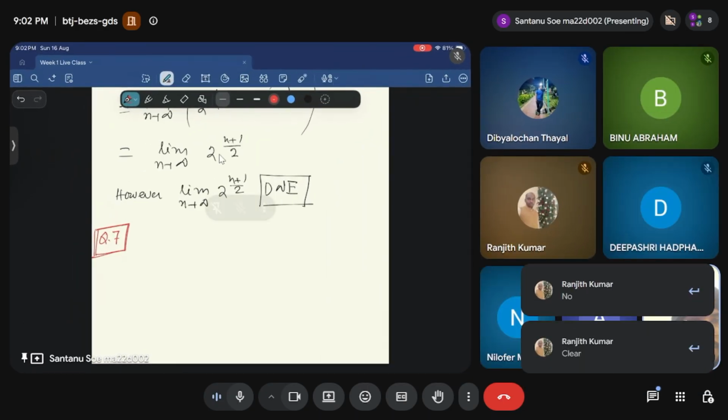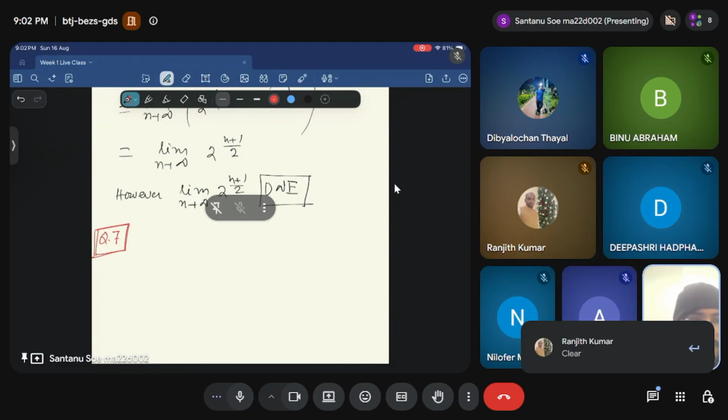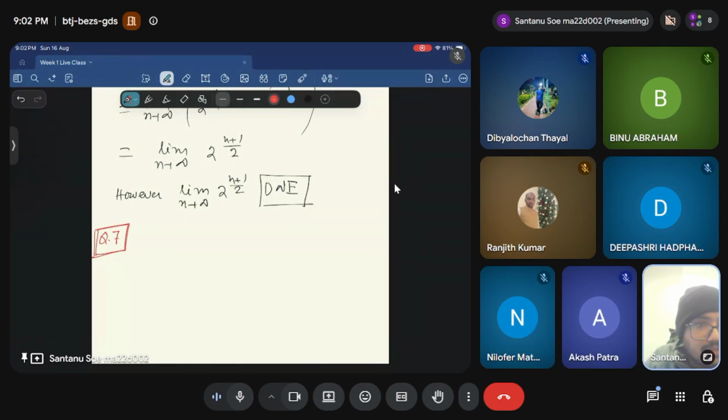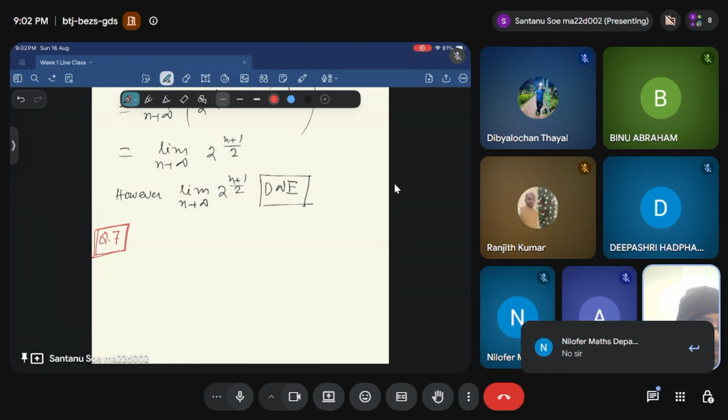Dibalochan, do you have any doubt? Ranjit said clear. What about Dibalochan? Okay, so Nilofar Maths Department is saying no, so he or she has understood clearly.